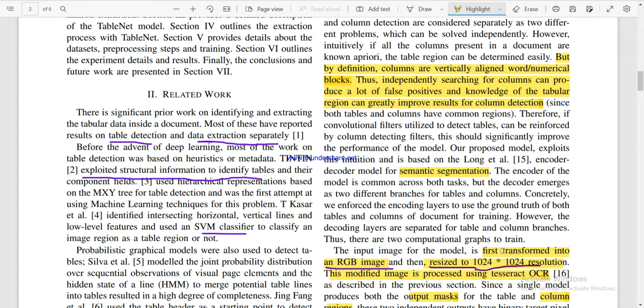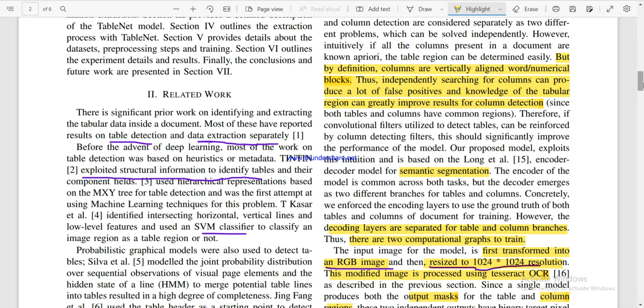Concretely, they enforce the encoding layers to use the ground truth of both table and columns of a document for training. However, the decoding layers are separated for table and column branches. Remember this. That's why there are two computational graphs to train, one for the table and one for the column branch.